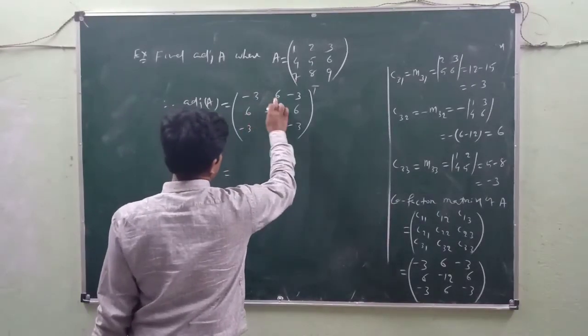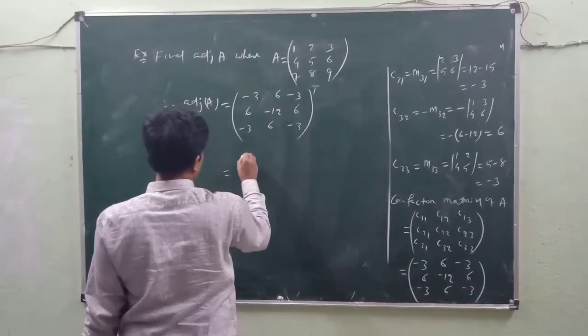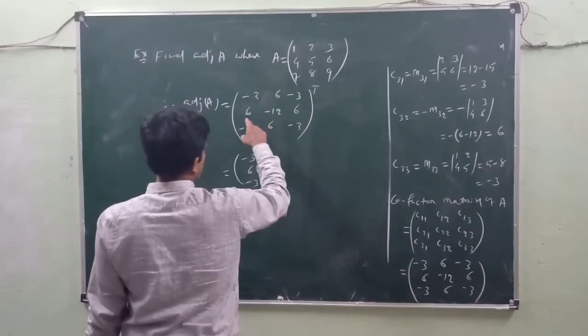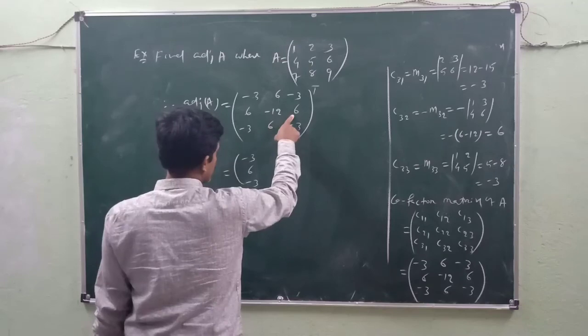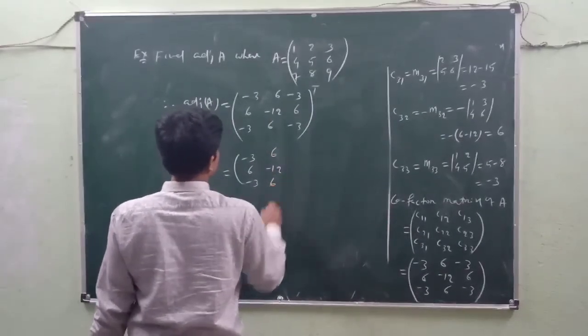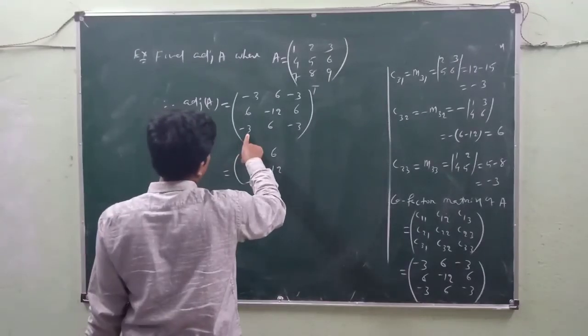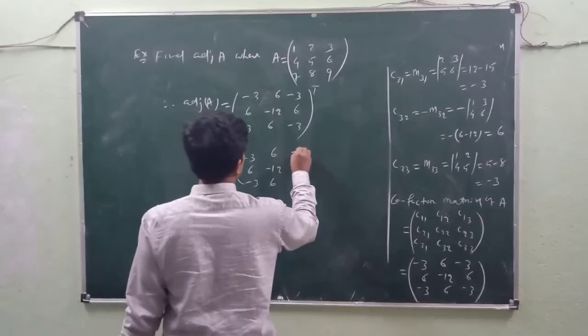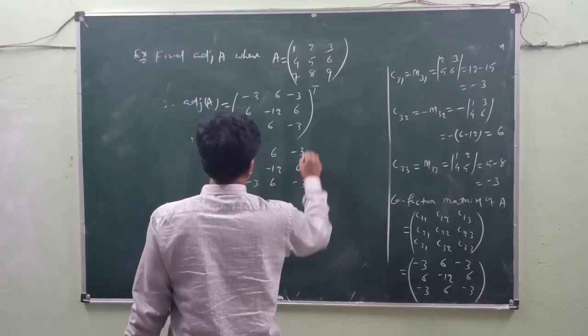Row wise it is minus 3, 6, minus 3, written column wise. In the second row 6, minus 12, 6, written column wise. Again in the third row it is minus 3, 6, minus 3, written in the third column.